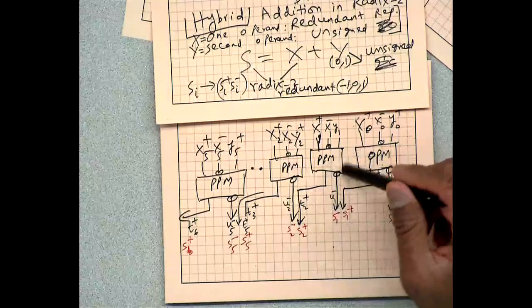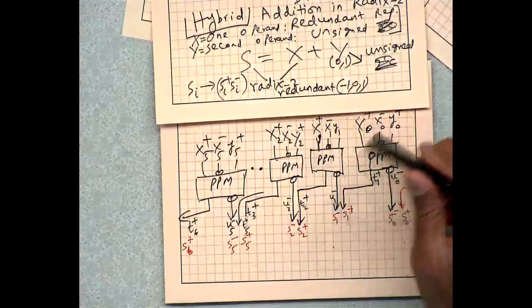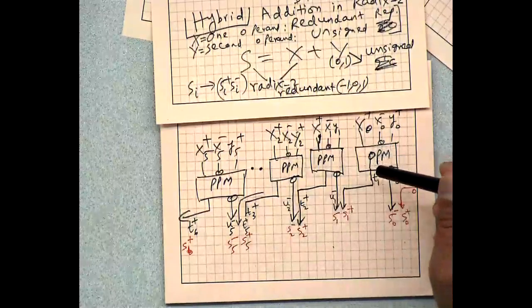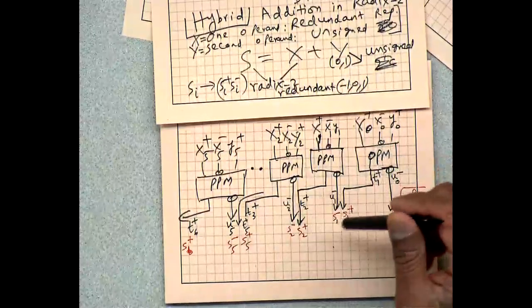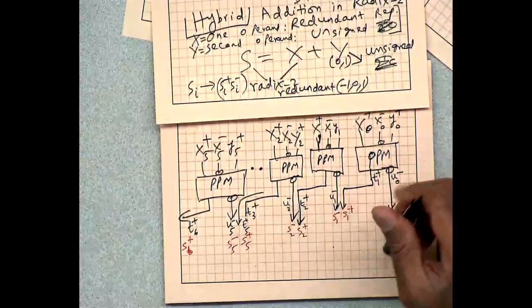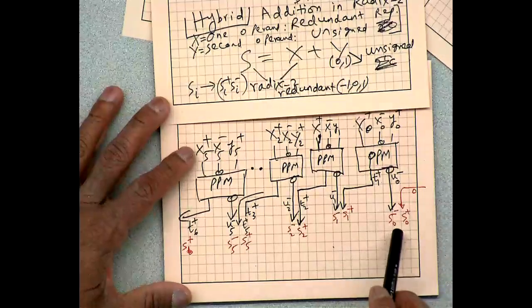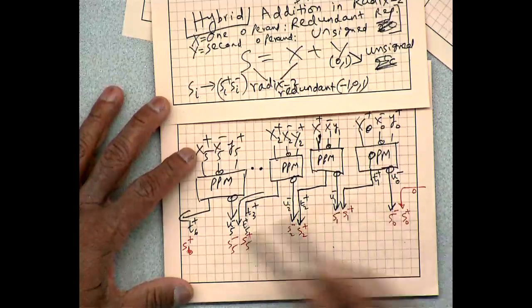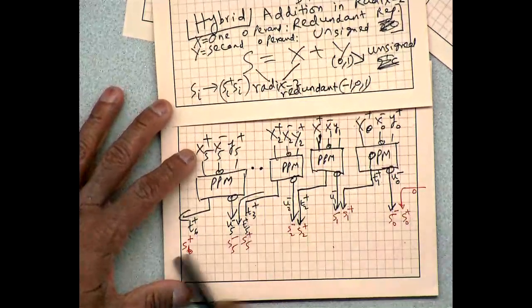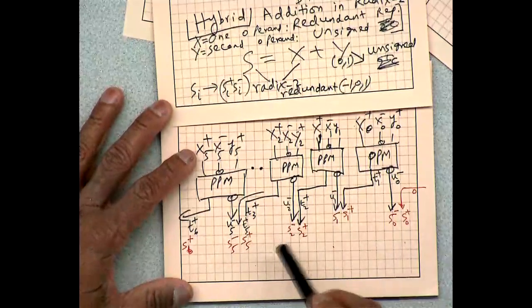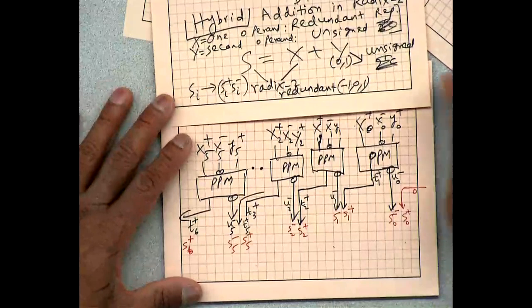It's not really all good news, because if we are going to add a lot of things, we could of course continue to add them, but at the very end, we will still need to go through a so-called vector merging adder, because at the end, I need to merge these quantities to get a 2's complement number. So the way to get a 2's complement number is to convert this redundant number S to a binary number or a 2's complement number. And we'll talk more about that.